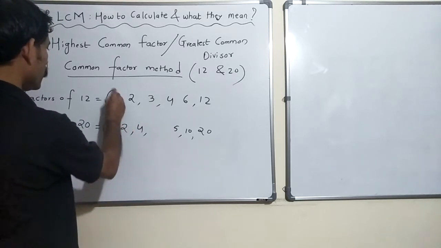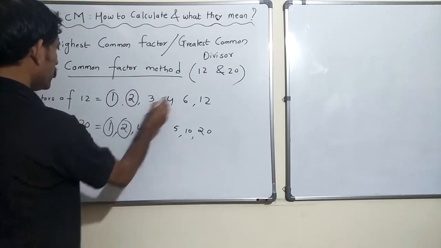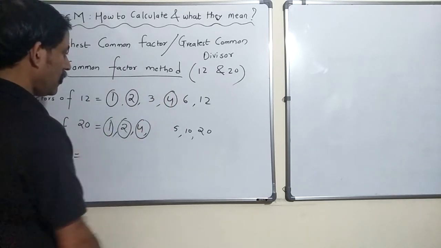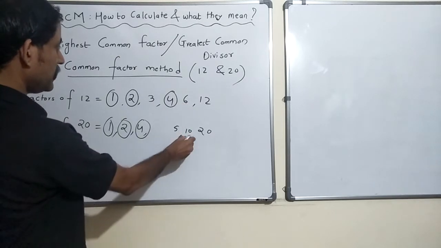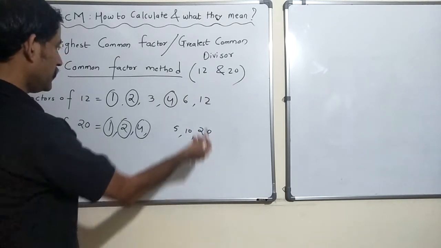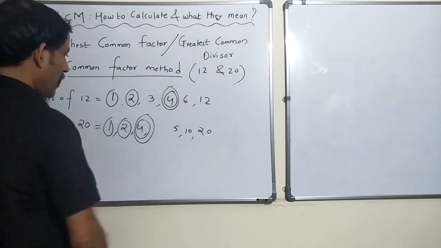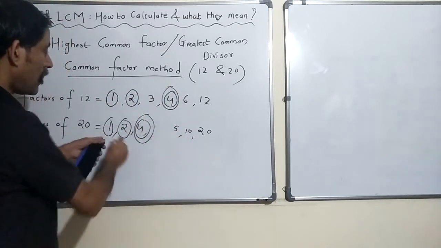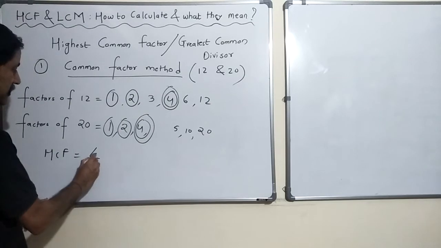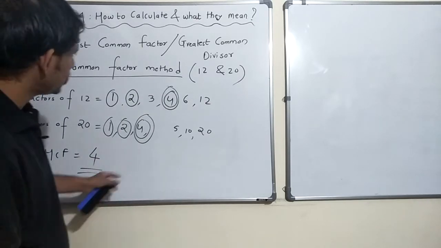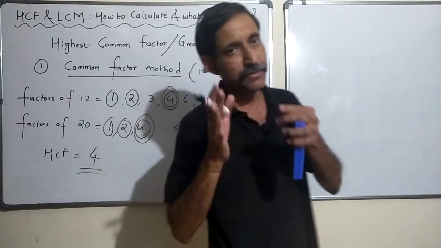So, 1 is common to both, 2 is common to both, 4 is common to both, alright. 5 is not there, 10 is not there here, 20 is not there, 6 is not here. So, can I say 4 is the highest of the common factors of the two? So, HCF is 4.